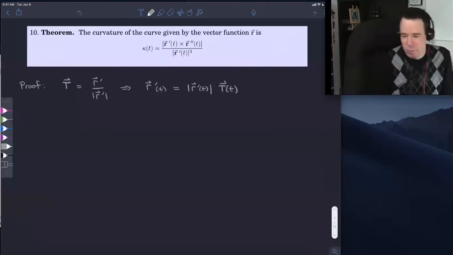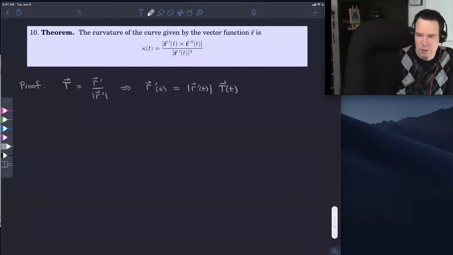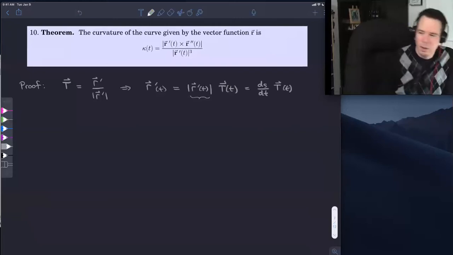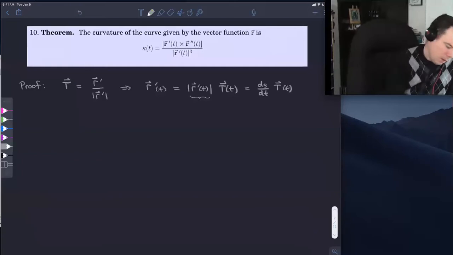Just multiply through by the denominator on both sides, and we get this expression. We do have an alternate way to write the magnitude in terms of arc length. It's ds dt times the unit tangent vector, T of t. And that turns out to be quite a useful result.